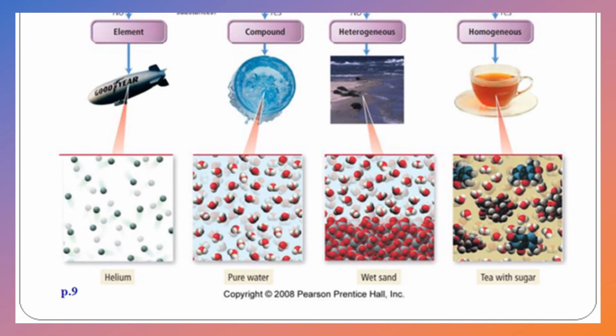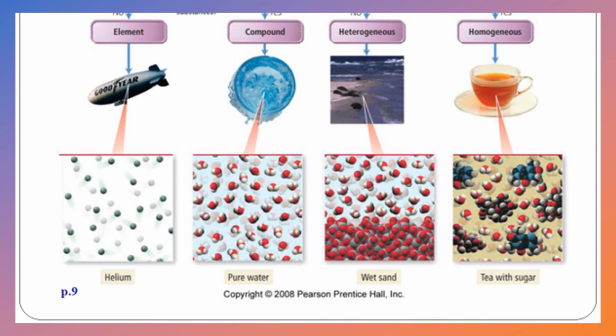So here is the summary of the elements and compounds. We have the elements, the compounds, and the mixtures, heterogeneous and homogeneous, which will be discussed next week. So we have helium.